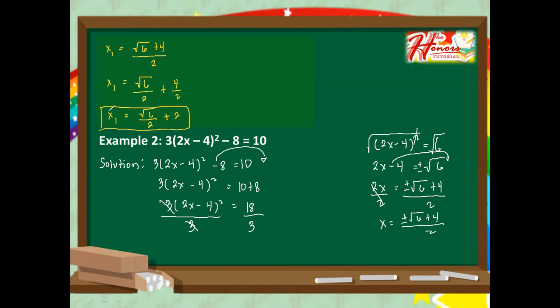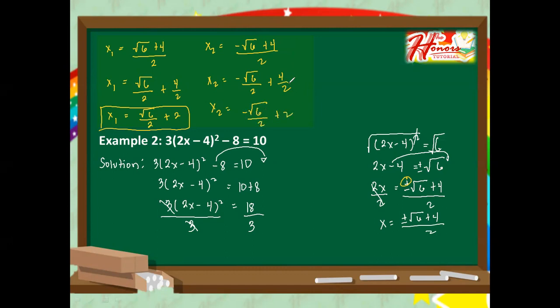And then x sub 2. Now we are done having this, the positive sign. Let's have the negative sign. So negative square root of 6 plus 4 over 2. So x sub 2 is equal to negative square root of 6 over 2 plus 4 over 2. And then continue solving. X sub 2 is equal to negative square root of 6 over 2 plus 2.